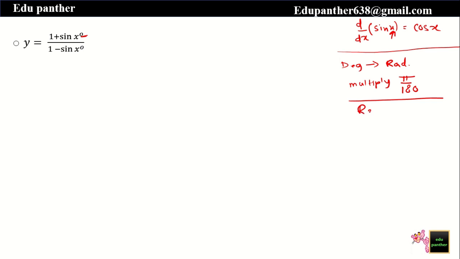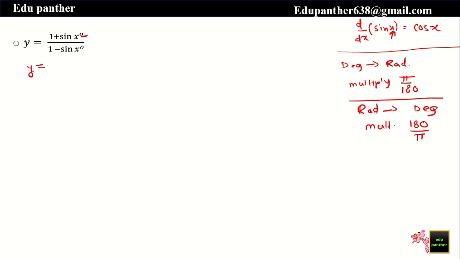Similarly, if we have to change radian to degree, then we multiply it by 180 over pi. So from degree to radian, multiply with pi over 180, and from radian to degree, multiply with 180 over pi. So first we'll change this to radian and then we'll differentiate.